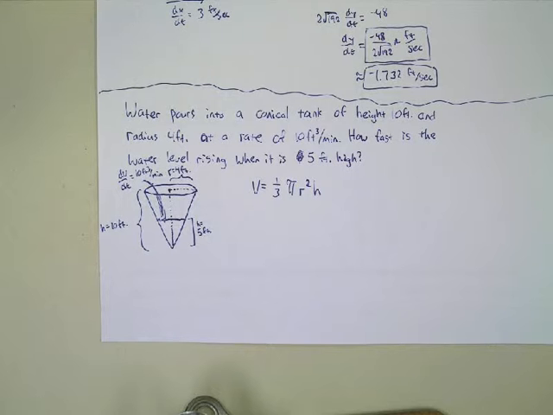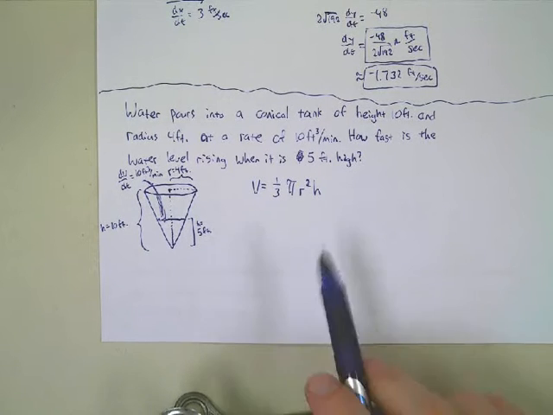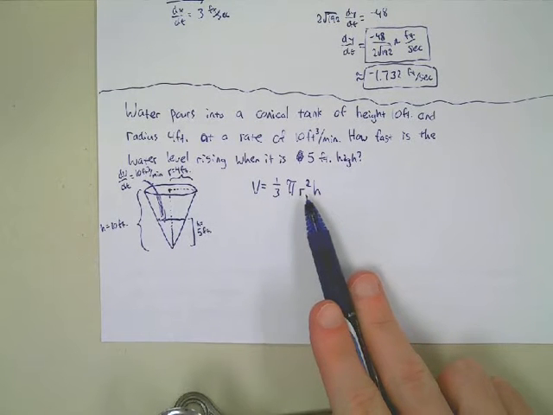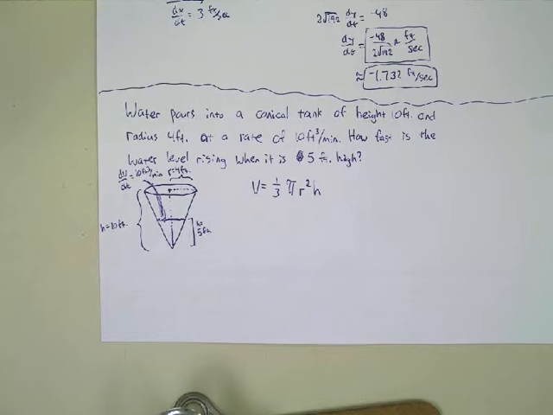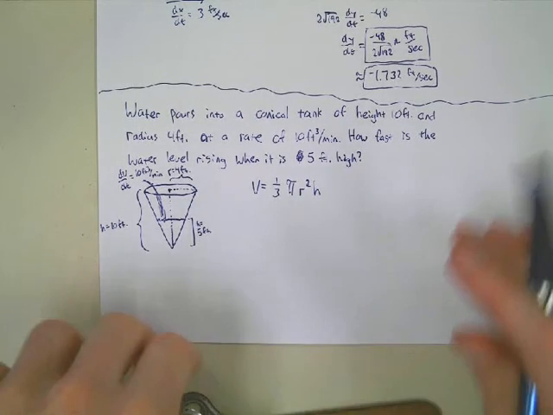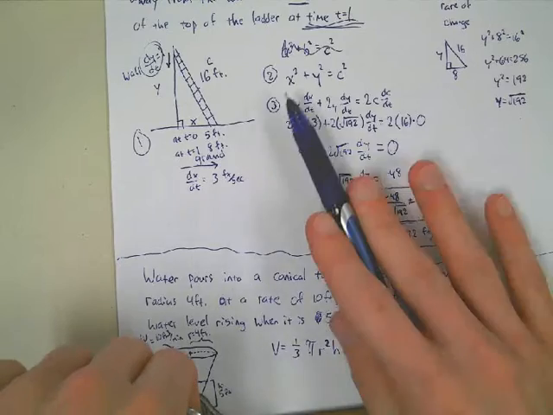Now, we've got a problem here, though, in that we have r and h. Generally when we take derivatives, we want to have it all in terms of one variable. That wasn't true in number 2, where we were able to get it in terms of one thing.